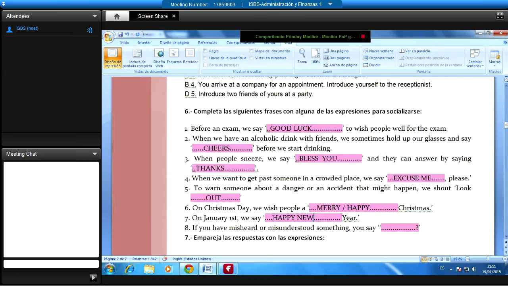If you have misheard or misunderstood something, what do you say? Imagine that you need repetition. You didn't hear a word. What do you think? If you have misheard, si has oído mal, or misunderstood something, you can say sorry, or more traditionally in English, pardon.